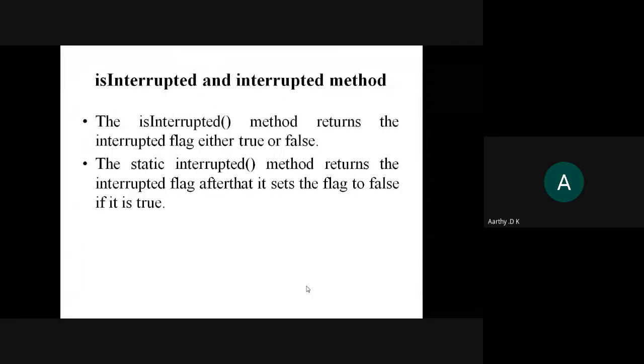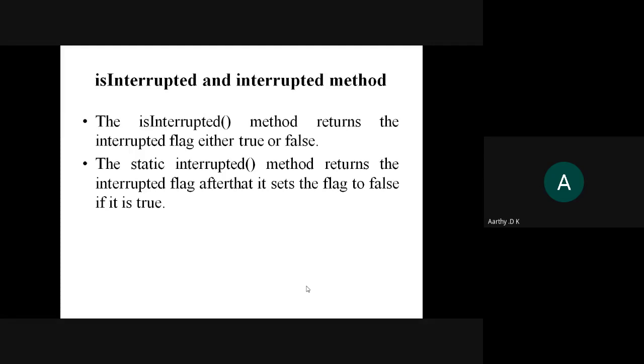When you use the interrupted method, whatever the flag value is, it will be returned. If the flag value was set to true, then it will be reset to false. That is the difference between these two. The first method, isInterrupted, will return whether the flag is true or false.